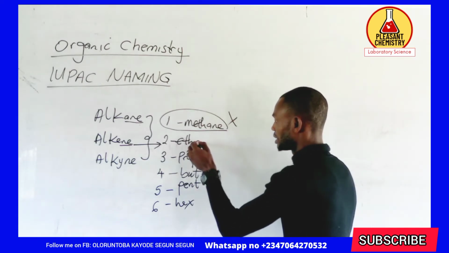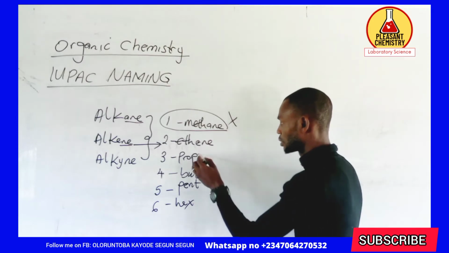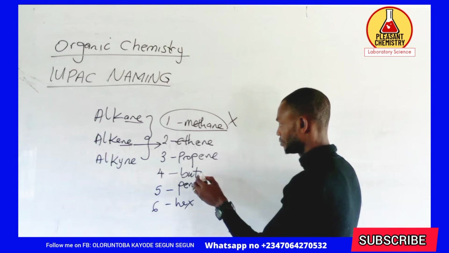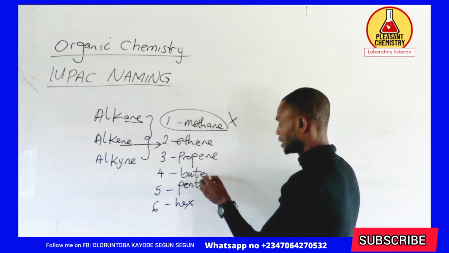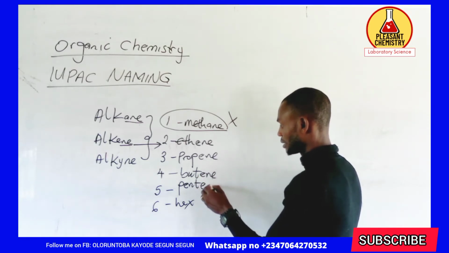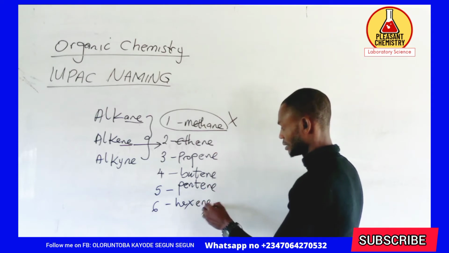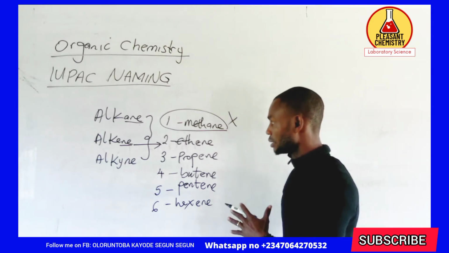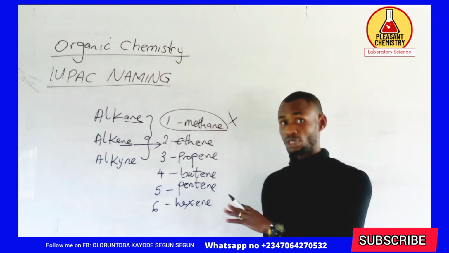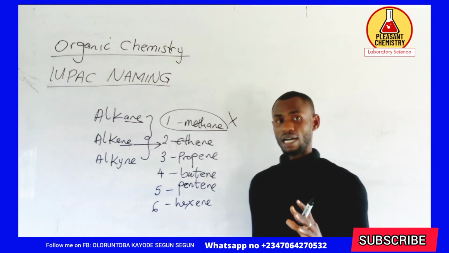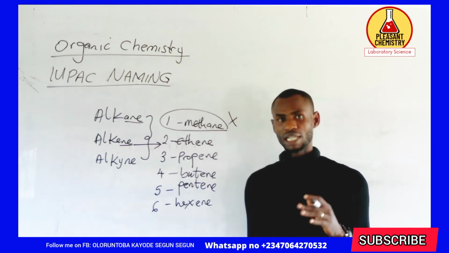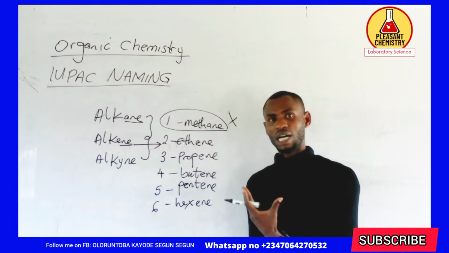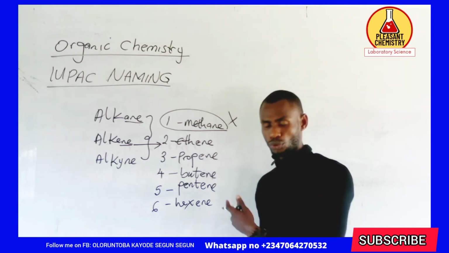So this one will end with ethene, this one propene, this one butene, this one pentene, and this one hexene. Actually, this is not what we are doing today. We want to consider how we name some organic compounds, like I gave us the rules last week, so we are going to apply those rules now.